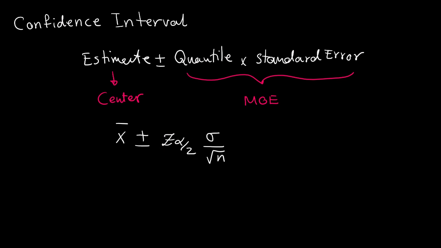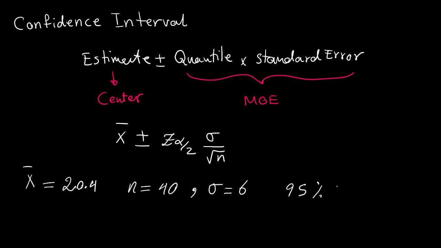For example, if I have a sample mean equal to 20.4, and let's say the sample size is 40, and the standard deviation is 6, and I want to construct a 95% confidence interval.